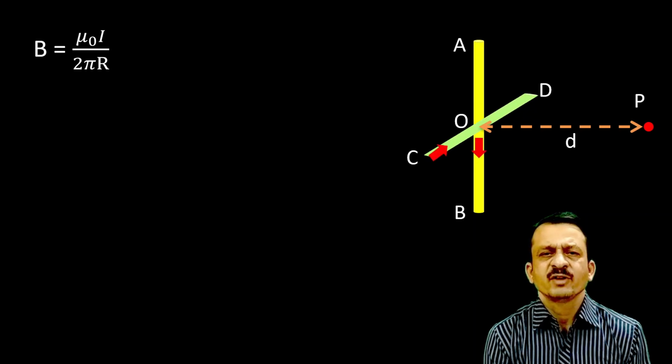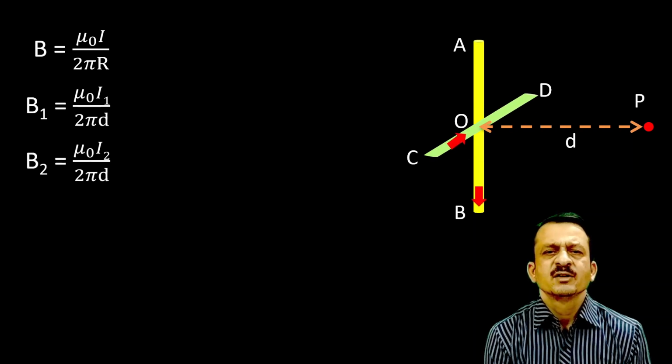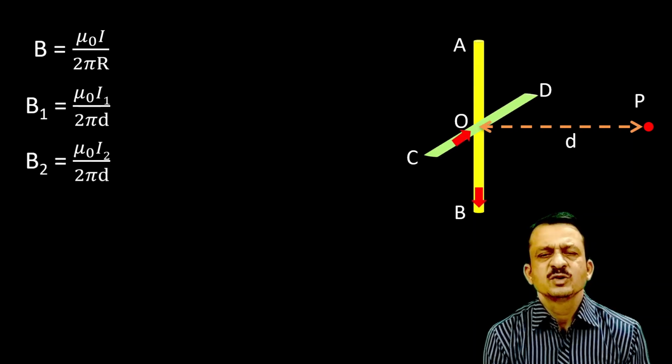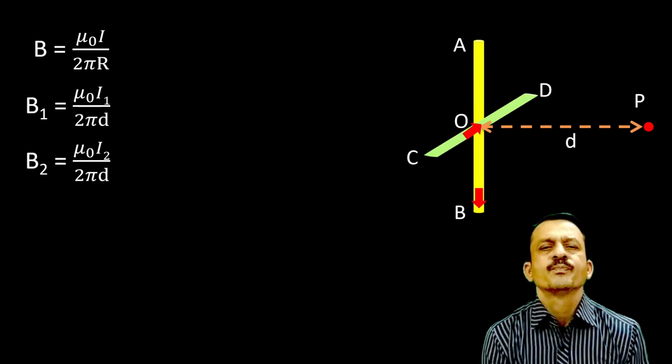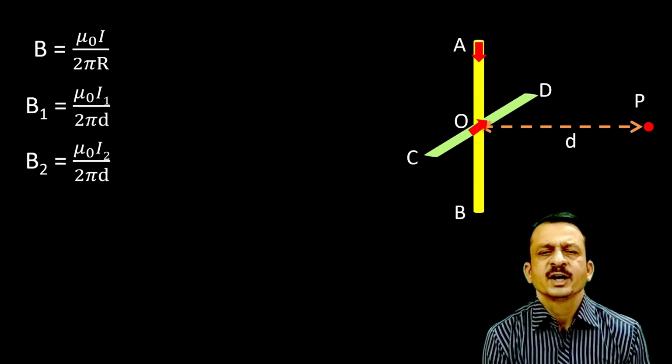Magnetic field B is given by u0 I divided by 2 pi r. For the first conductor, B1 is equal to u0 I1 divided by 2 pi d. For the second conductor, B2 is equal to u0 I2 divided by 2 pi d. Now carefully look here. The directions of these two magnetic fields are mutually perpendicular to each other at the point P. Clear?